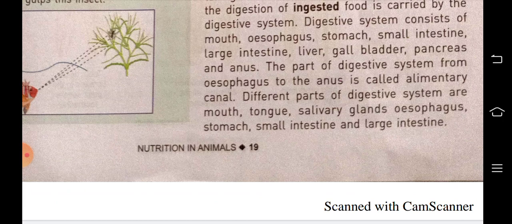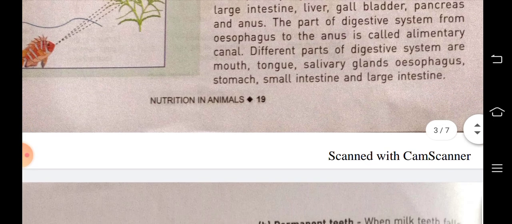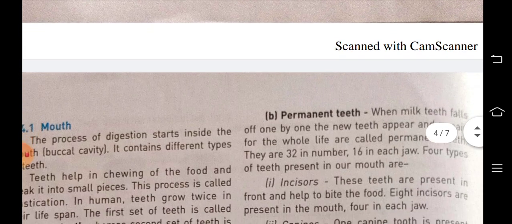Then stomach, small intestine, large intestine, liver, gallbladder, pancreas, and anus. And this part of digestive system from esophagus to the anus is called alimentary canal. All these are the parts of digestive system.